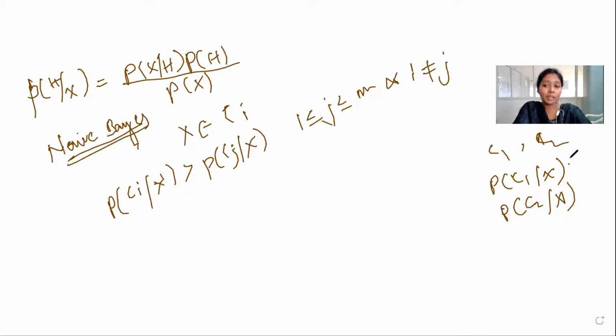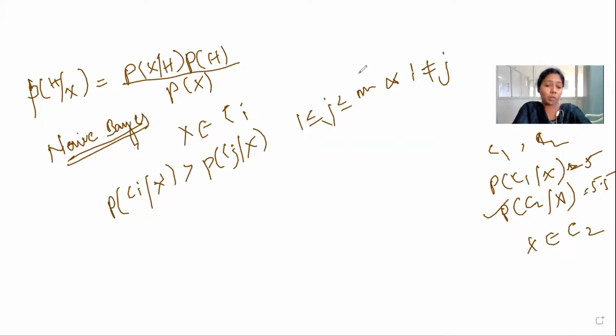If one value is 5 and the other is 5.5, the greater value is 5.5, so we can say that X belongs to the class C2. In this way, the Naïve Bayesian classifier classifies tuples.